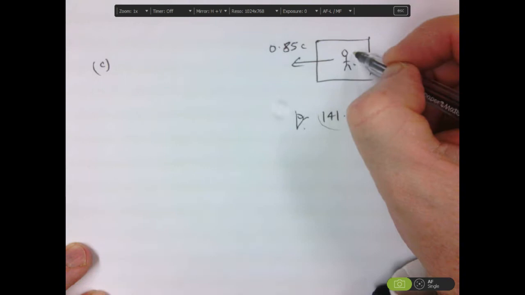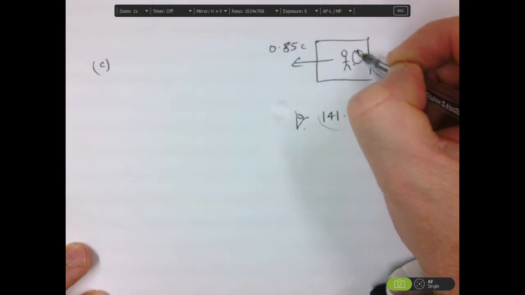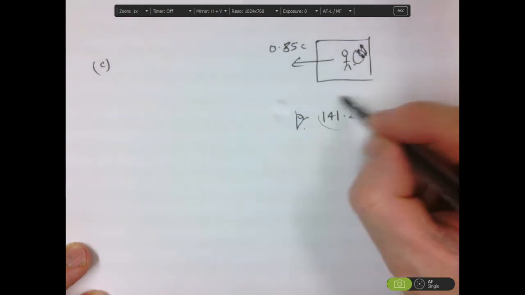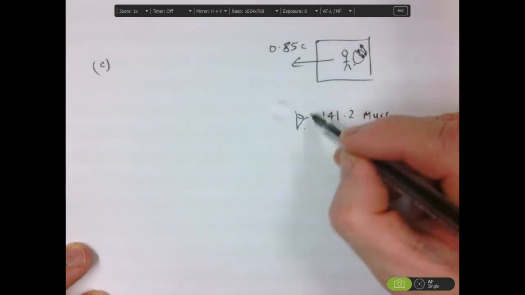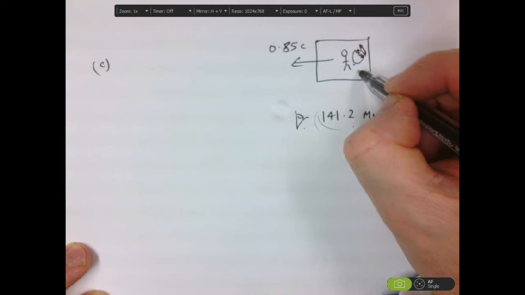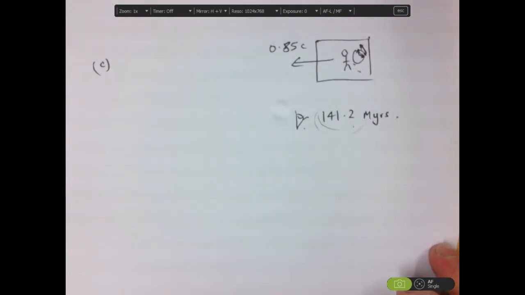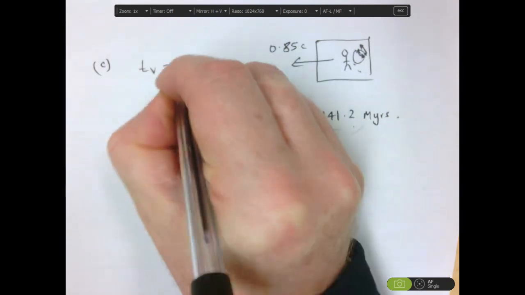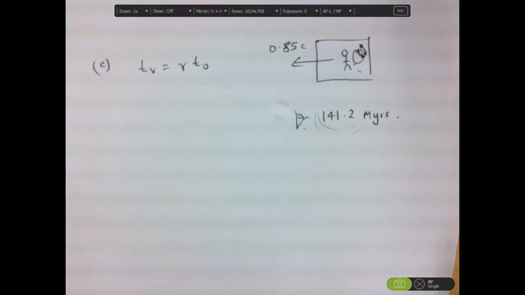However, their clock is going to show less than that. Remember, when you measure the time out here, it is a longer time than you would measure on the clock in here. So we're using time dilation, t equals gamma t0.